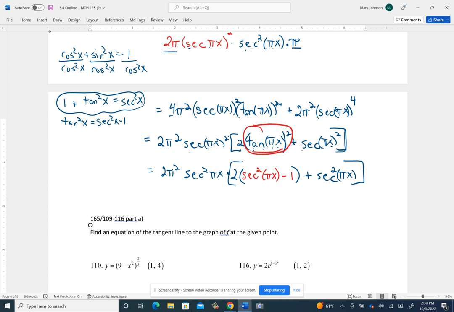Okay, so if I do that, then that's 2 pi squared secant squared pi x. Then this would be 3, because that's to the first power. This would be 3 secant squared pi x. And then that 2 would get distributed.